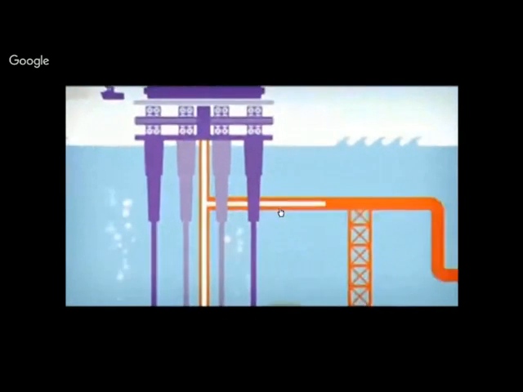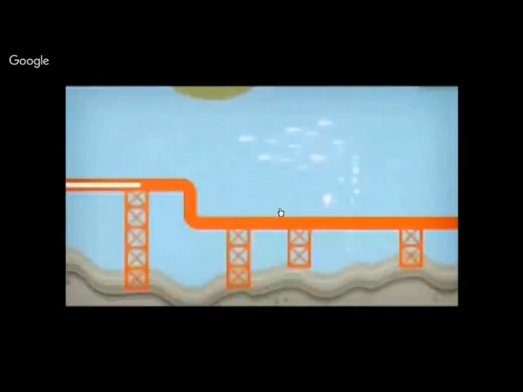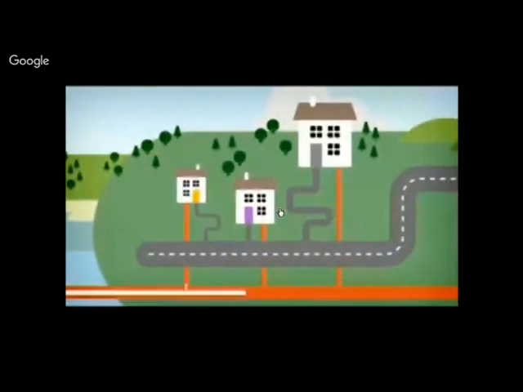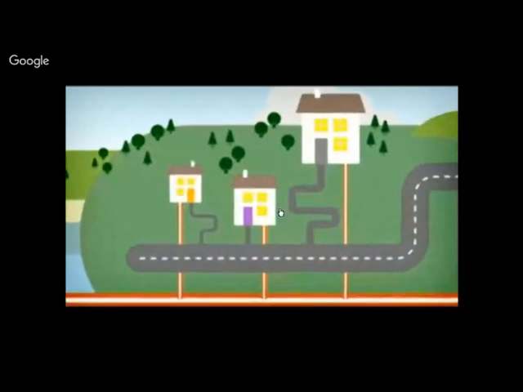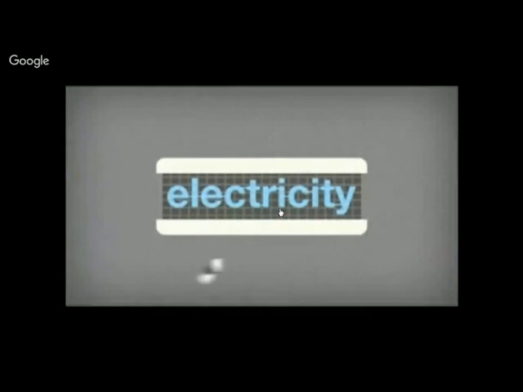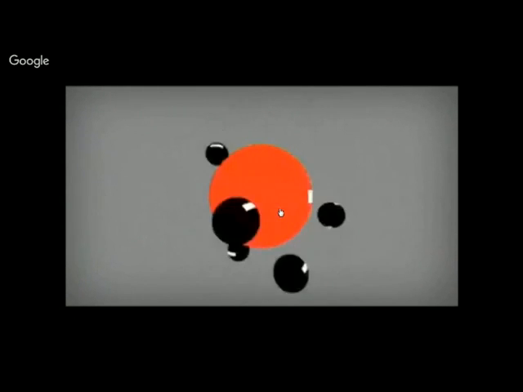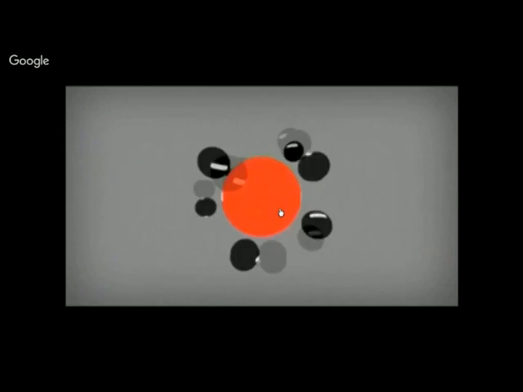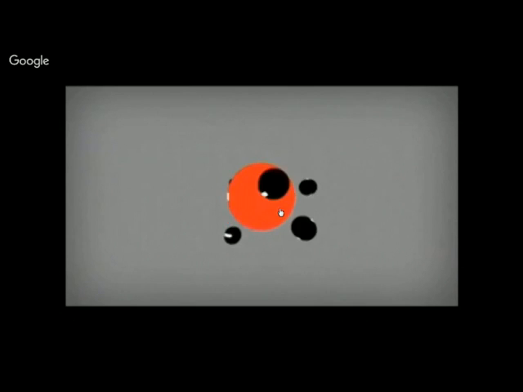National Grid then takes the gas from the shore and sends it around the countryside through steel pipelines over 1 meter wide. As the gas gets closer to homes, the pipelines split into smaller ones, which may only be 20 millimeters wide. How electricity is made. Atoms consist of a positively charged central nucleus and negatively charged electrons, which float around the outside in much the same way as satellites orbit the Earth.